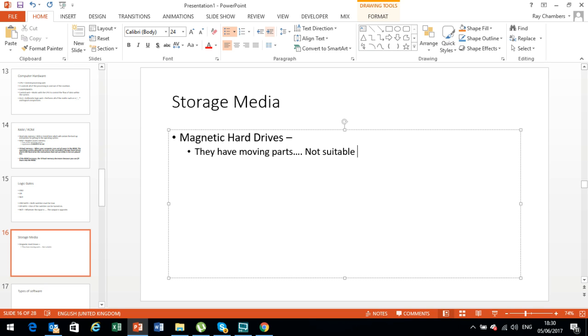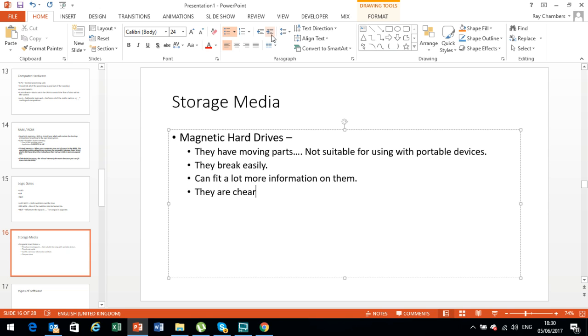Not suitable for using with portable devices. They break easily. They can fit a lot more information on them though, okay? The other thing is that they are cheaper than the solid state.